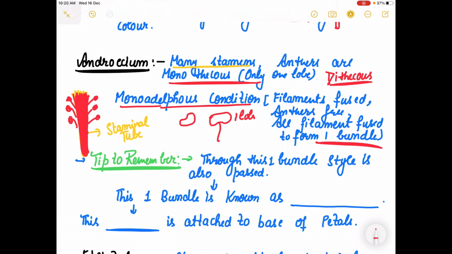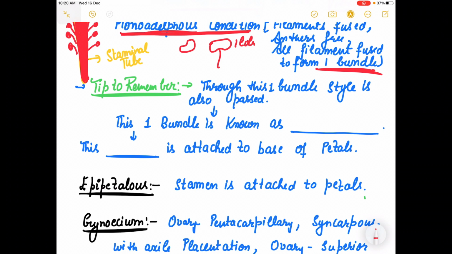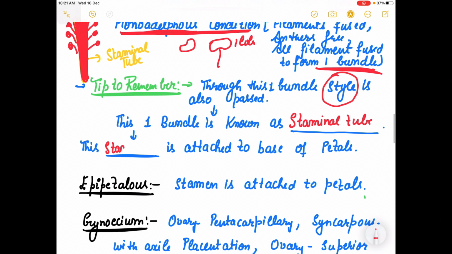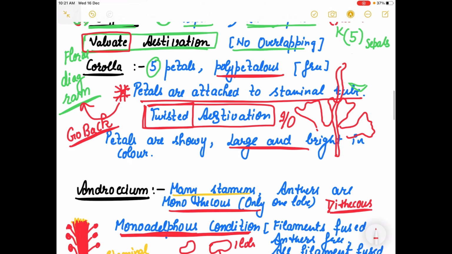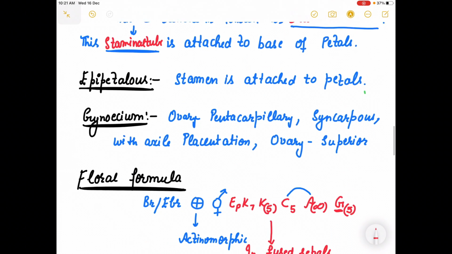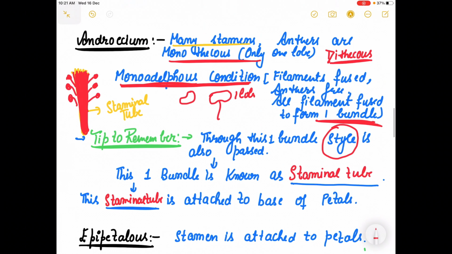Now many filaments, they join together, they form a one tube like structure on which these anthers are arranged, and when we are having one bundle, it is known as monoadelphous condition. So through this one bundle, style is also passed, and this one bundle is known as staminal tube, and this staminal tube is attached to the base of the petal. So यहाँ पे in the petals we have written specifically that petals, they are attached to staminal tube, and same we are writing that staminal tube is attached to the petals.